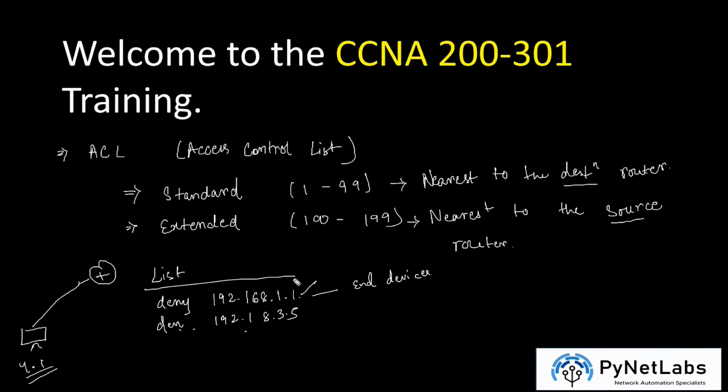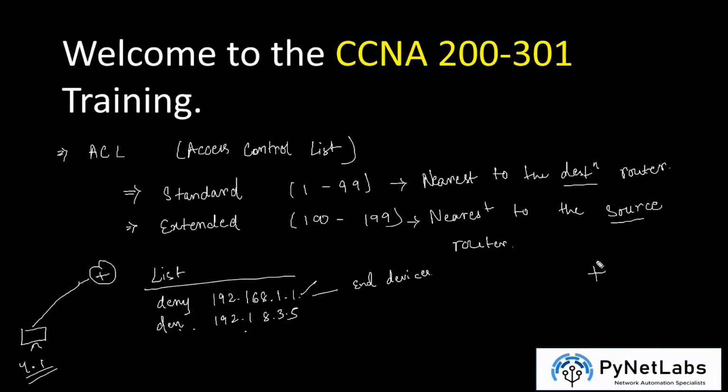So basically, there are two ACLs, standard ones and extended ones. We will look into them later once we are on the practical. But first you must understand how ACL works. Under ACL, you tell the router to deny packets from 1.1.